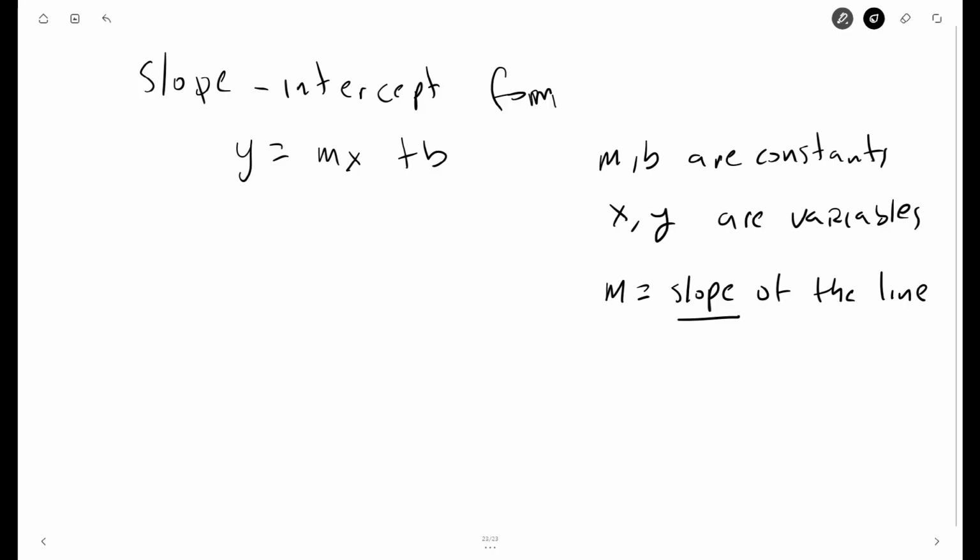So when you have a graph of a linear equation, you see the steepness going up or down, and horizontal, represented by the slope, the steepness, and the direction.